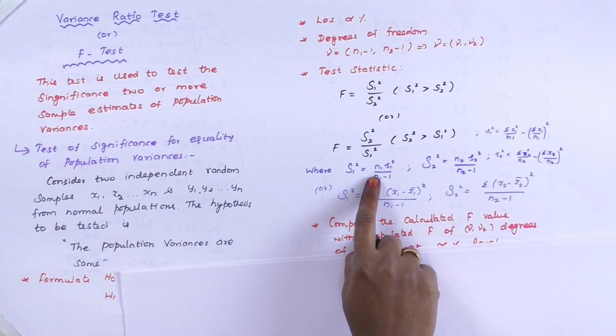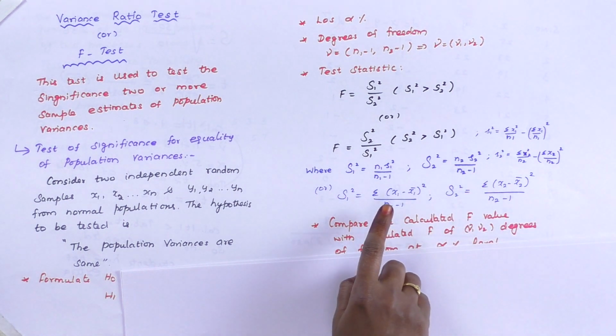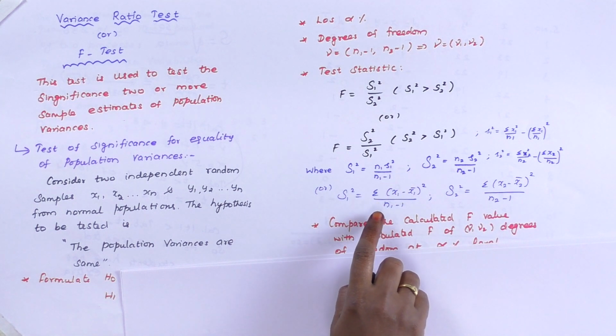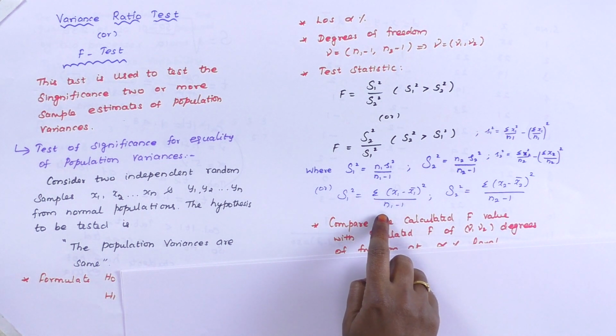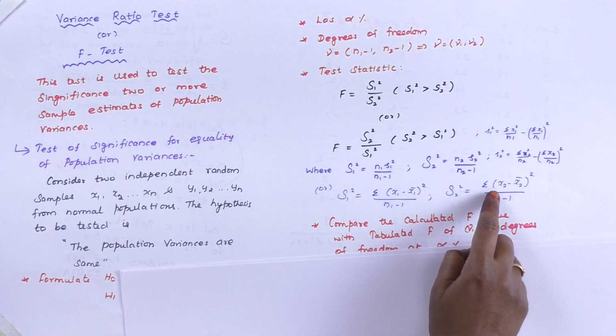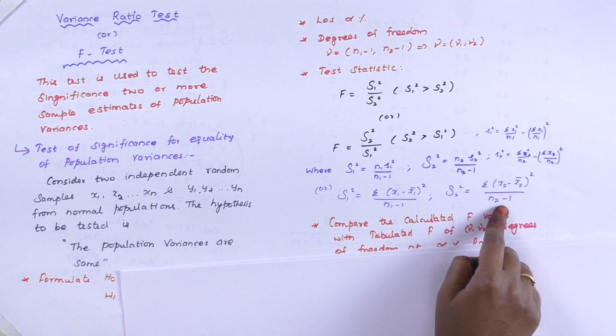Otherwise, first we have to find the sample standard deviation value S1 and then multiply its square by n1 divided by n1 minus 1. Similarly for S2 also. Instead of S1 square, sometimes the sums of squares of differences are given: the sum of (x1 minus x1 bar) the whole square divided by n1 minus 1, or the sum of (x2 minus x2 bar) the whole square divided by n2 minus 1.